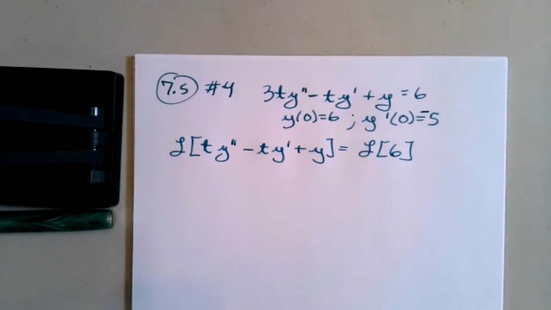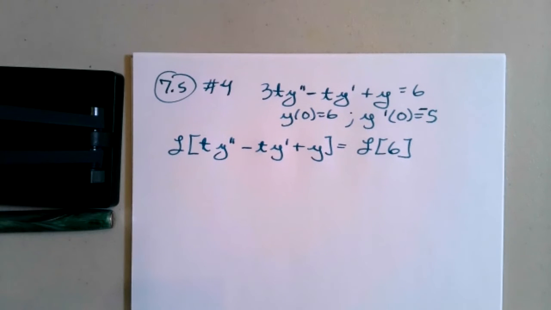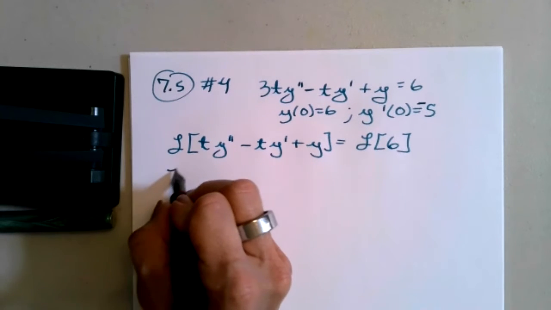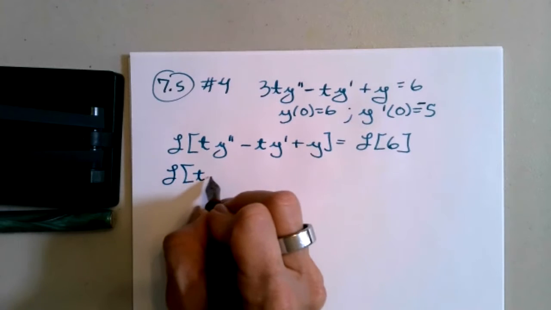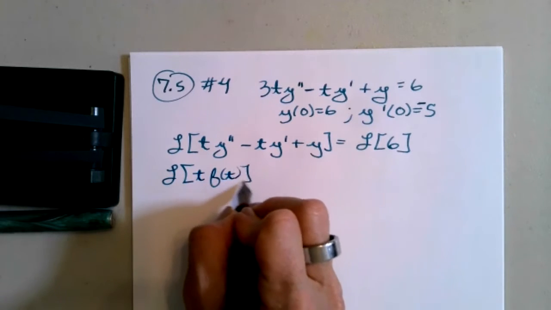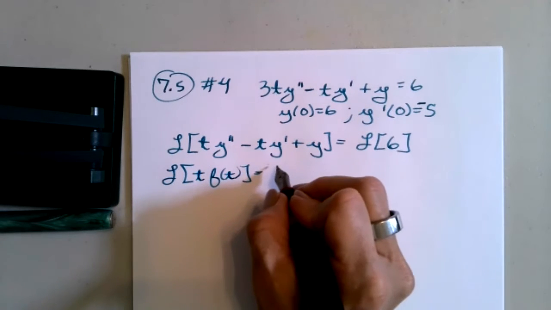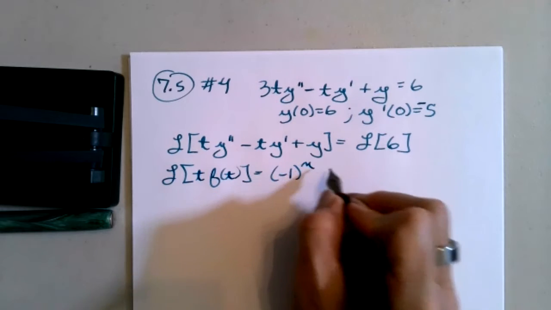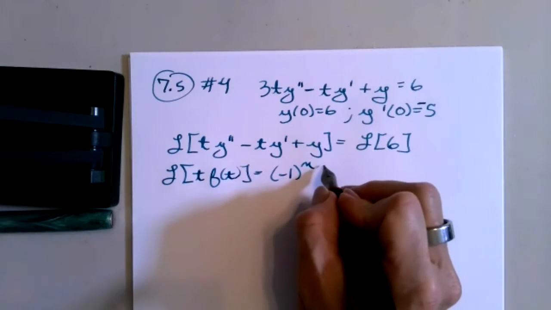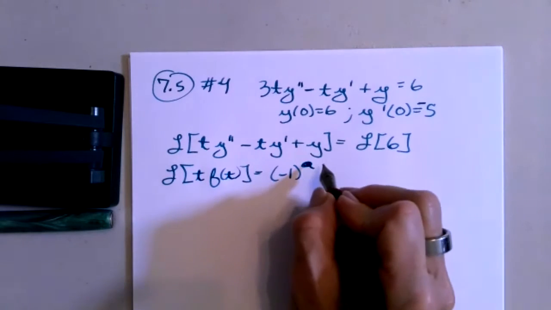So if you look at the chart of properties of Laplace transforms, line 1, 2, 3, 4, 5, 6, 7, with n equals 1, says the Laplace transform of t times f is equal to (-1) to the n times, well, with n equals 1, sorry.